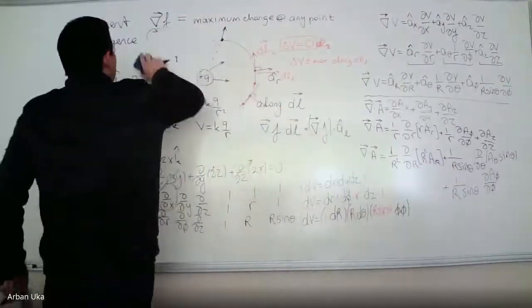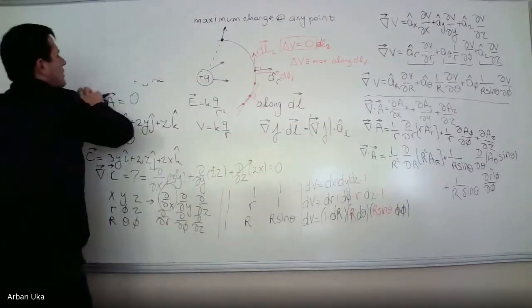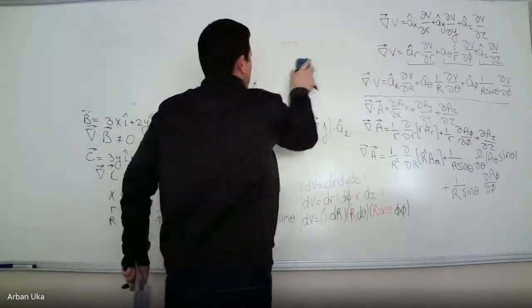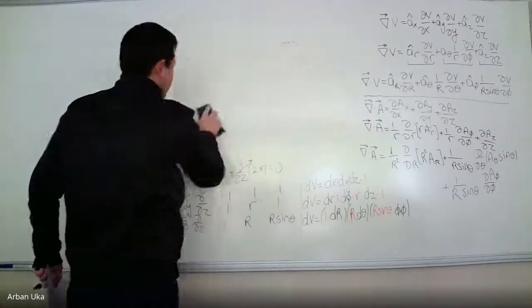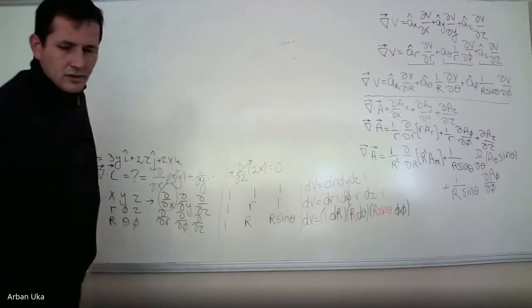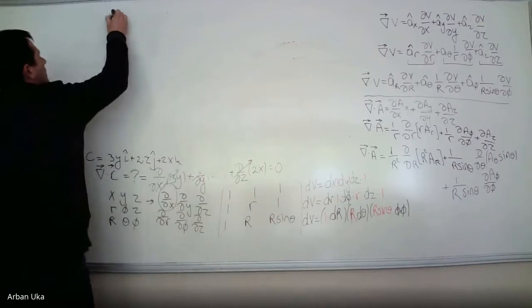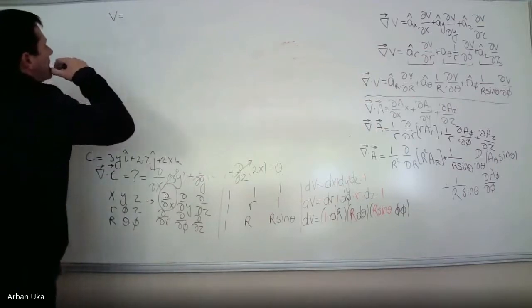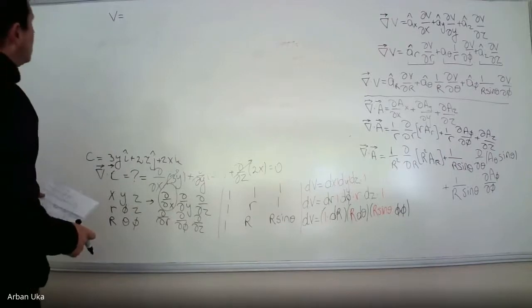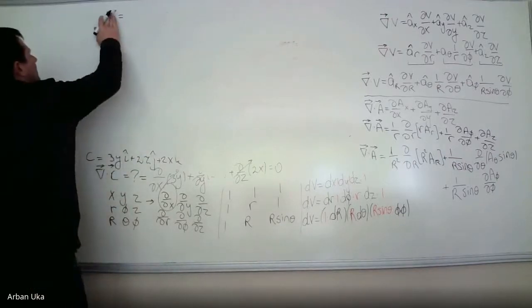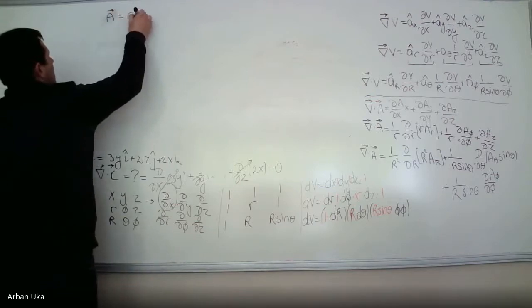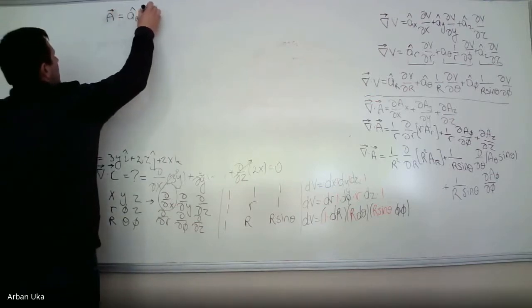Now we can have a look at a couple of examples. So let's assume we have a vector A, which is equal to r times the unit vector a_r, okay.